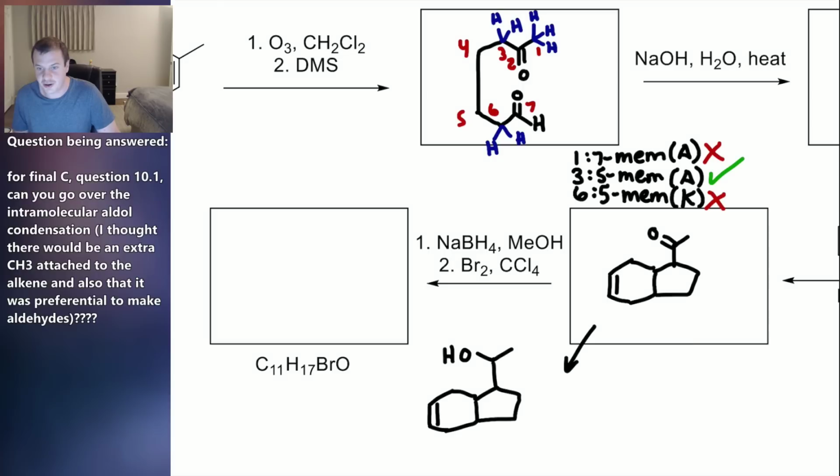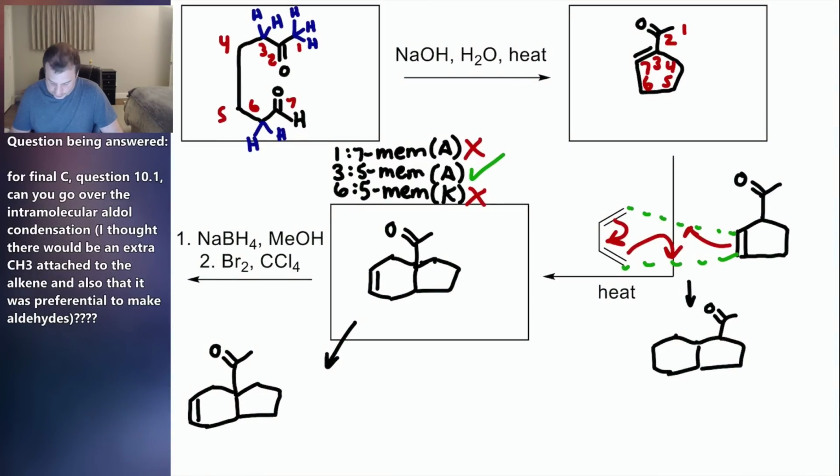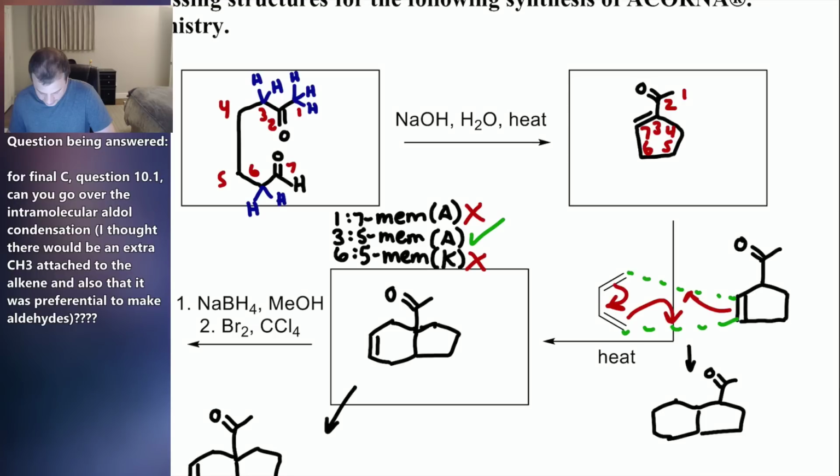And then Br2 and CCl4 is going to create the dibromide. I'm sorry, I knew I was making a mistake here. The ketone is not on this position. The ketone's on this position. I knew something was off. If you look back here, this is not the right position of the alkene.